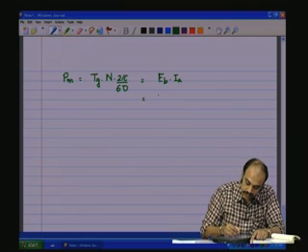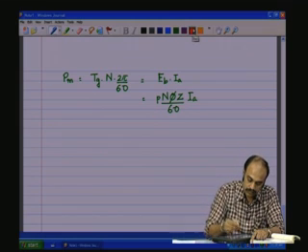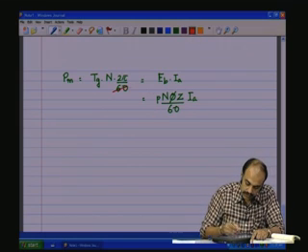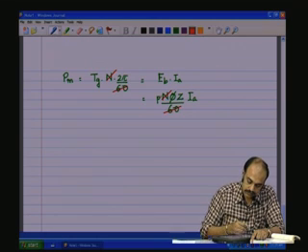This Eb is given by P n phi z Ia by 60. So, we can remove this, we can remove this.